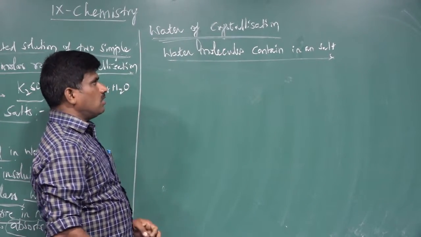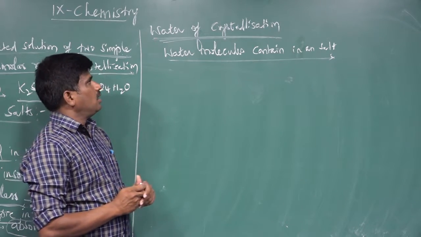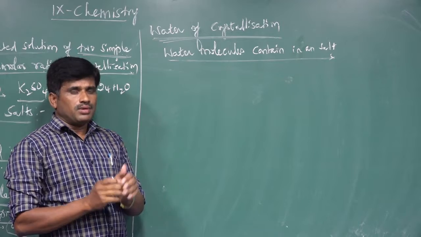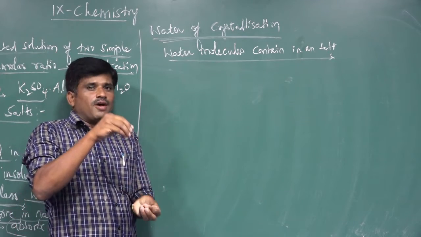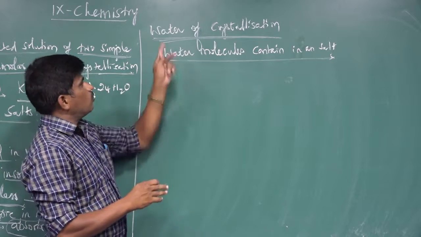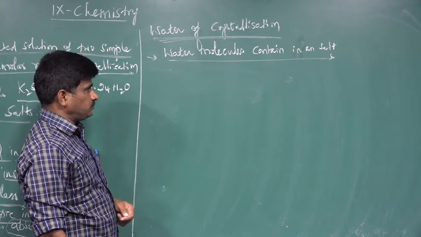Why is the salt crystalline in nature? Basically, the salt has a crystal nature because it has water molecules in it. Those water molecules are known as water of crystallization. This is the first thing you need to understand.